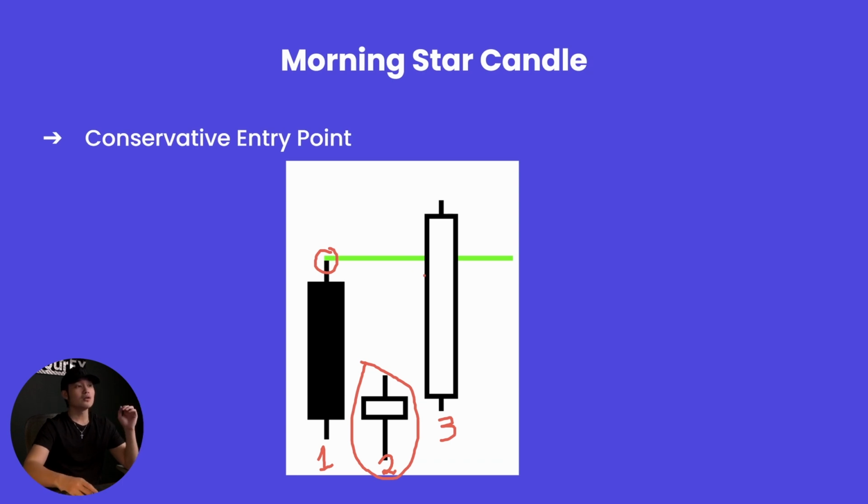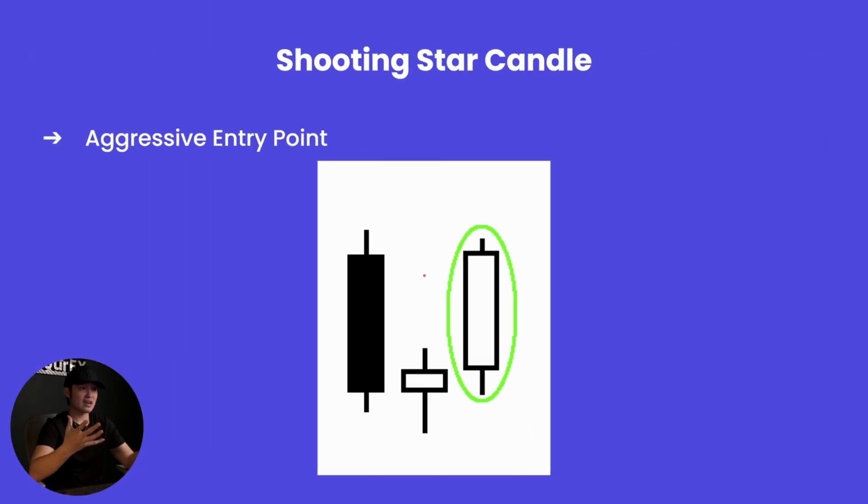For the more aggressive entry point, we don't have to wait for the breakout of the first candle here. As long as the opening price of the third candle is the same point as the closing price of the second candle, the morning star candle, sorry, I said shooting star by mistake, it should be morning star.